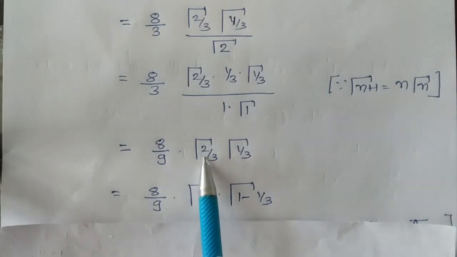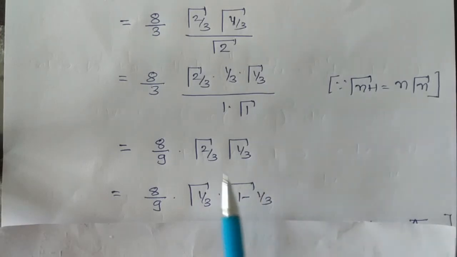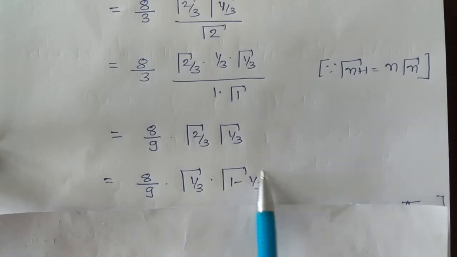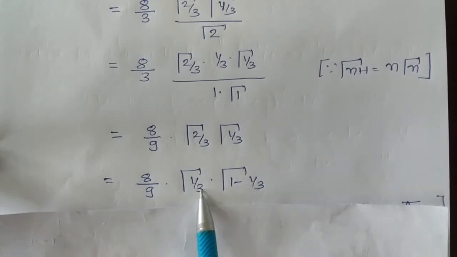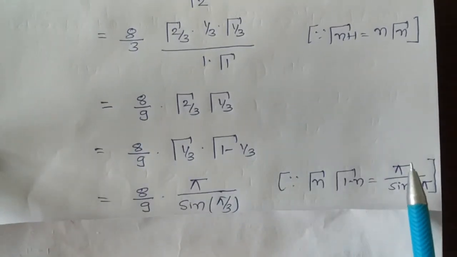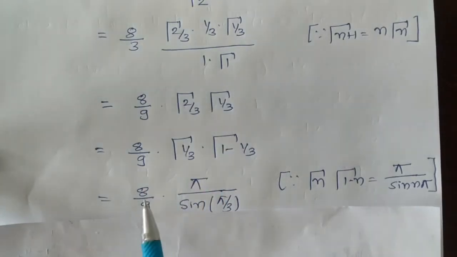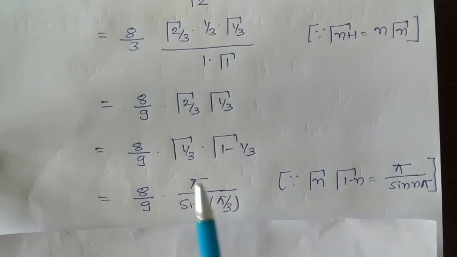Now we write gamma 2/3 as gamma (1 minus 1/3), since 1 minus 1/3 becomes 2/3. Now this expression is of the form gamma n into gamma (1 minus n), which is equal to pi upon sin n pi. So here we have 8 by 9 into pi upon sin n pi, where n is 1/3, so we have pi by 3.